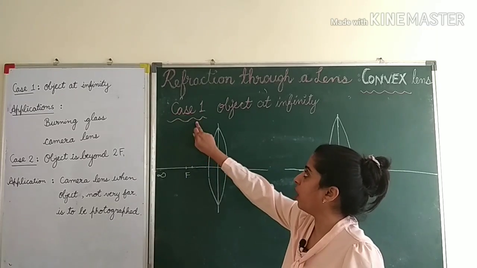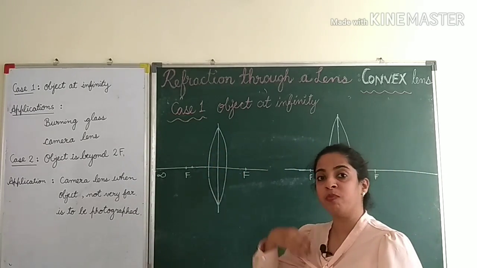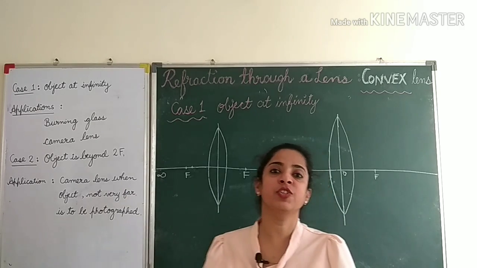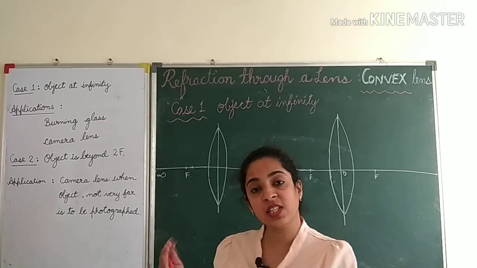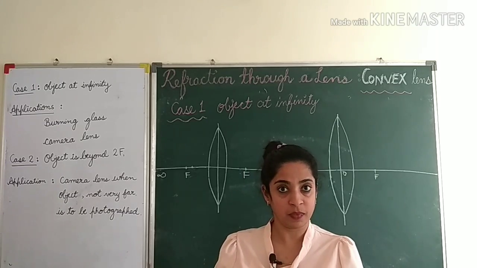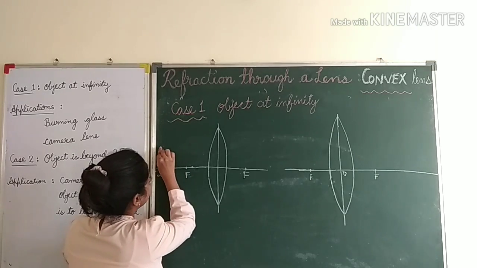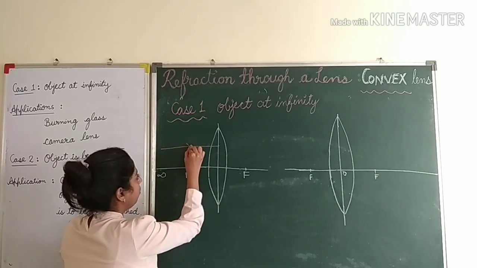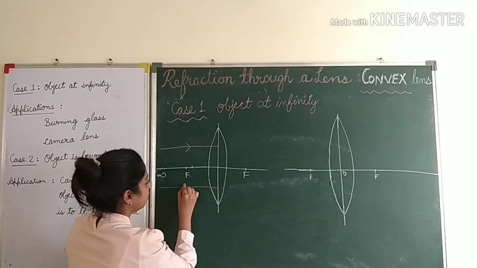So, our case 1 is when the object is at infinity. The object is very far off. Now children, you should remember, whenever the object is very far off, the rays coming from the object will always be parallel rays. So in the first case, we will draw two parallel rays. See, one ray is above the principal axis and one ray below the principal axis.